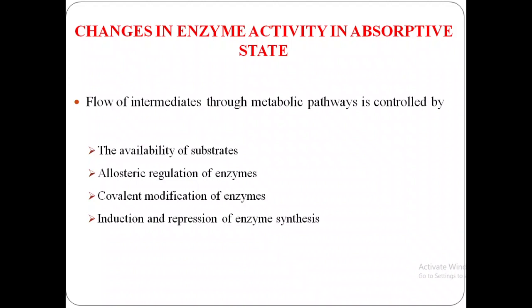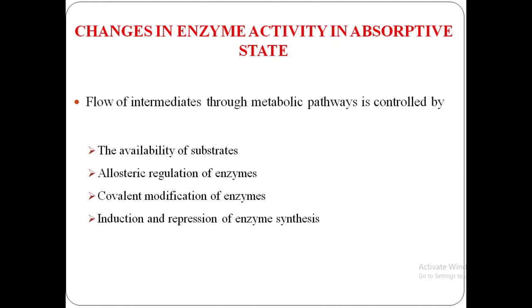If there were no method in place to store excess energy, we would need to eat constantly in order to meet energy demands. Distinct changes in enzyme activities occur in the absorptive and the fasting states that facilitate energy storage.